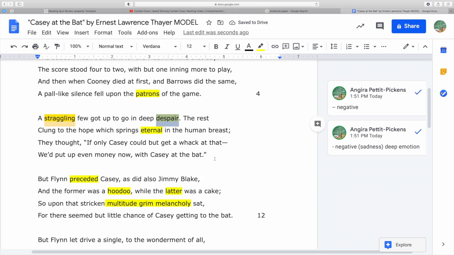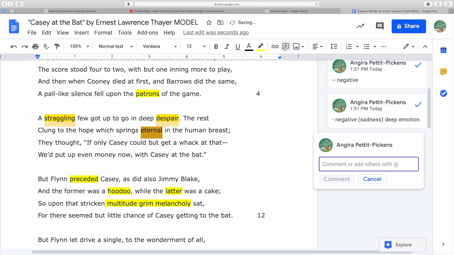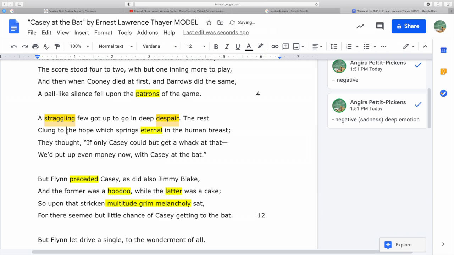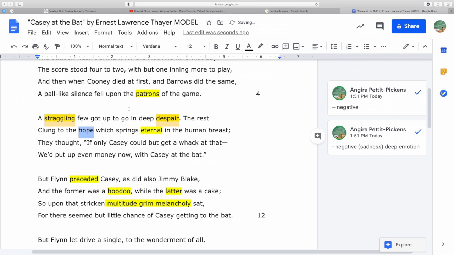The rest clung to the hope which springs eternal. So now I see the word eternal. Again, I'm just thinking, is this a positive or negative word? I'm going to look around the word eternal to help me figure it out. So I see this idea of clinging to hope, right? So I'm going to underline hope, which springs. So hope and springs, those give me a lot of energy. Those words seem really exciting.